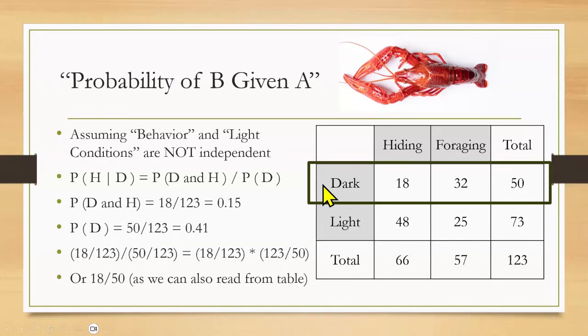All right, we could do the same thing. We could do the probability of foraging given dark, right? And we just do 32 out of 50. We could do the probability hiding given light, all right? Say we have a crawfish that's in a light condition. What's the probability it's hiding?